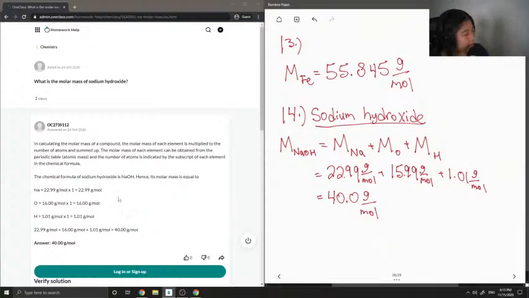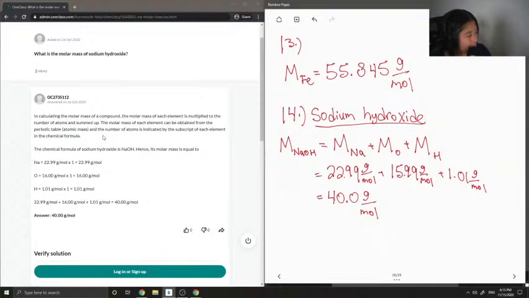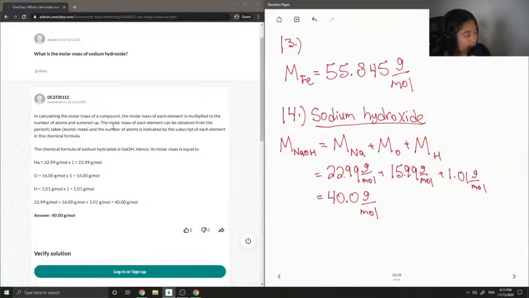Okay, so our junior tutor said, in calculating the molar mass of a compound, the molar mass of each element is multiplied by the number of atoms and summed up. The molar mass of each element can be obtained from the periodic table, or atomic mass, and the number of atoms is indicated by the subscript of each element in the chemical formula.